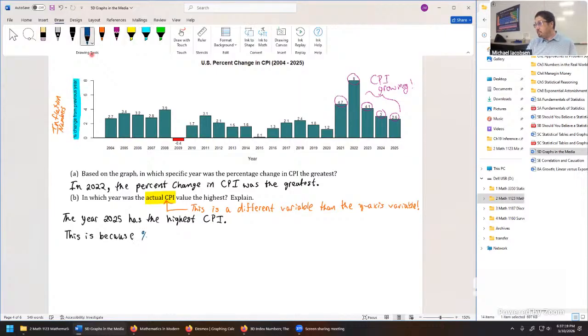The percent change in the previous year, and there is one exception, but again, that's less than 1%. So it only went down just a little bit, and then it's up and up and up in all these other years. But let's make sure we're very, very careful we write this out.